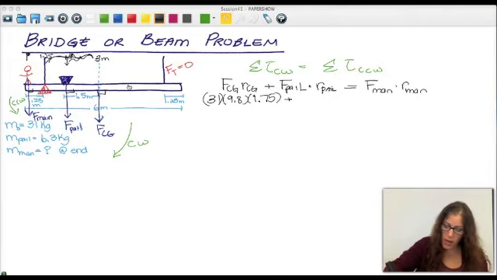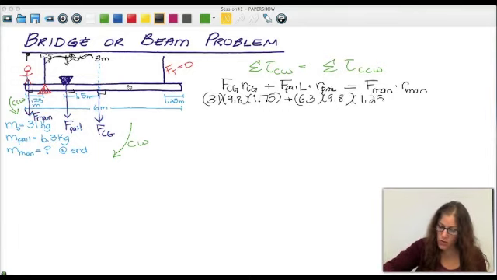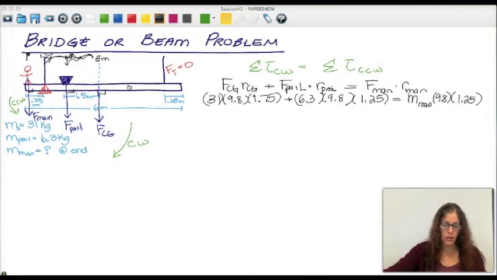Now the force of the pail is 6.3 times 9.8, and the distance of the pail is 1.25 meters. And the force of the man is his mass, which we don't know, times 9.8, and his distance is 1.25 meters, because he's all the way at the end.